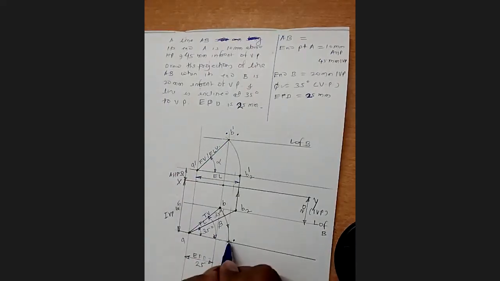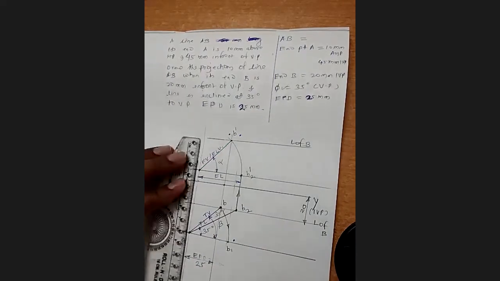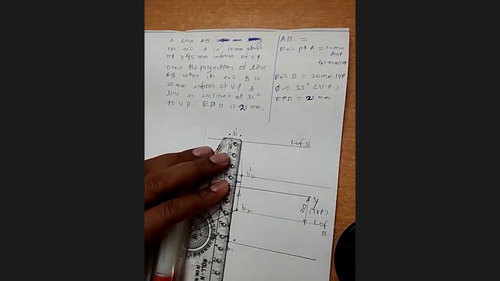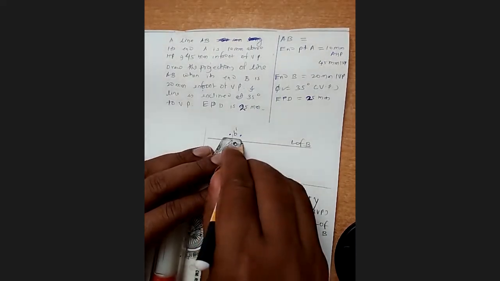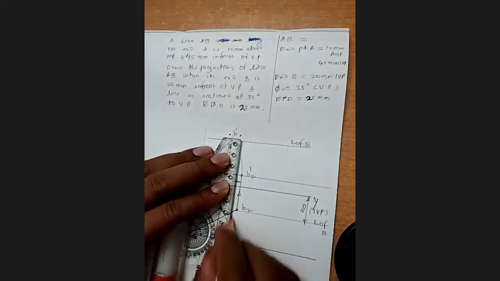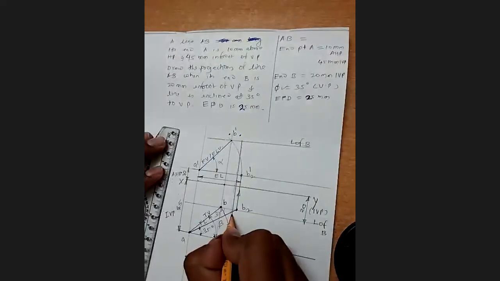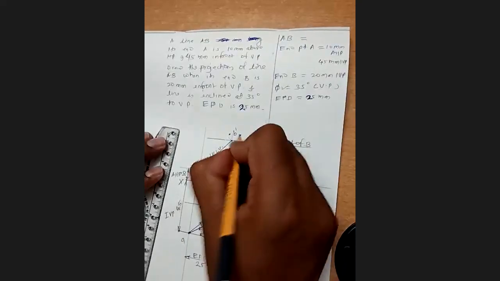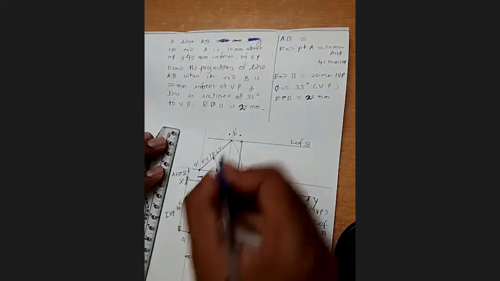Okay, and this length is going to be the length PL, and then we'll project it upward through this point, and where it intersects the locus of B in the front view, that is going to give the true length, right? So I will be putting the arrow here, okay? And this point will be the point B1 dash.